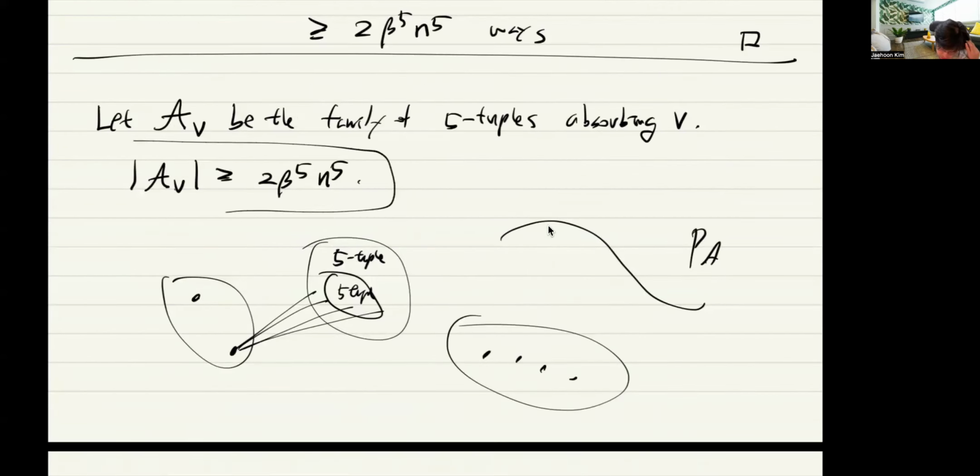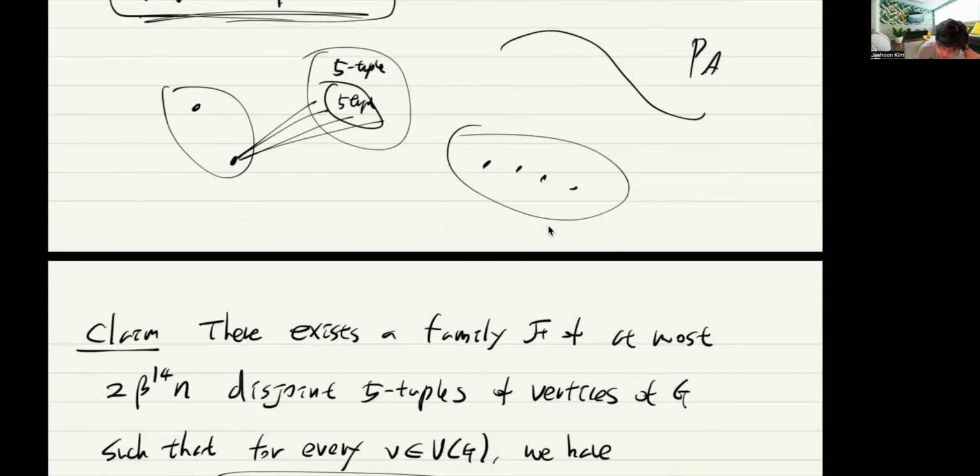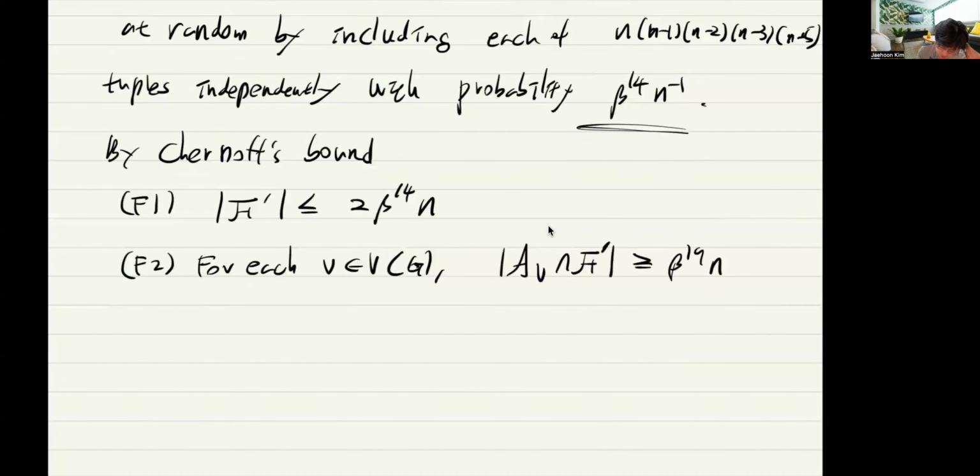size at least this. Then the probability of choosing is this, so n to the 4, no, sorry, so this is n^4. So we want to choose linearly many. The probability that each one is included is this, so this is the expectation.